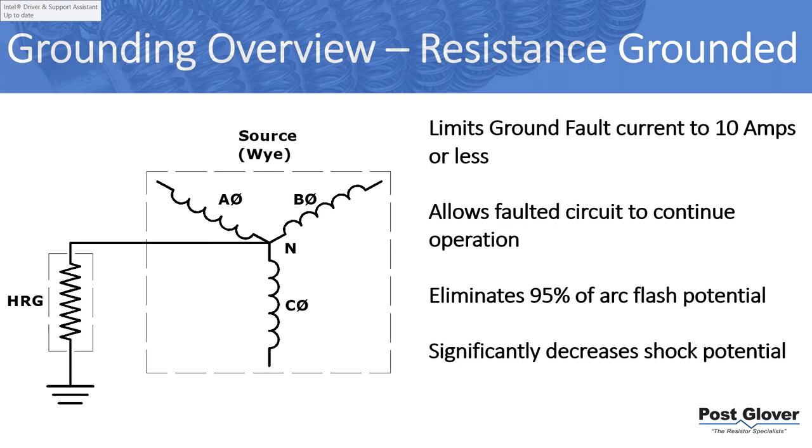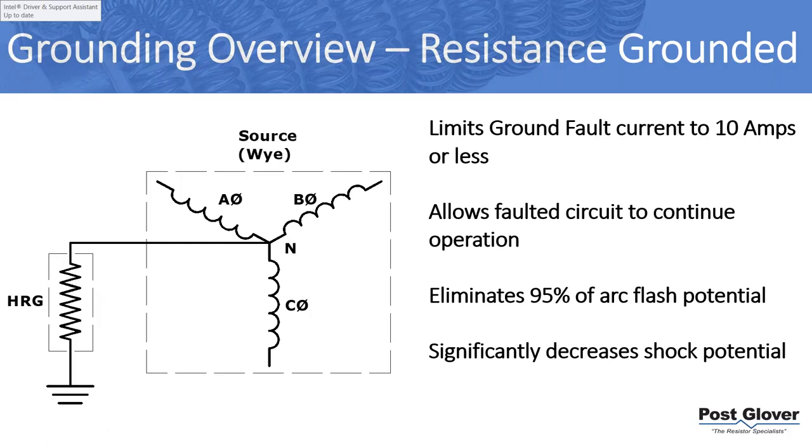One thing that I will mention though is that in the last 10 or 15 years especially, I'm sure some people have thought about it earlier than that, it has become very popular to use high resistance ground based on the arc flash mitigation that it entails. Essentially, for all those ground faults you get, which is about 98% of the time, because of the amount of energy going through your system, you typically have 5 amps flowing through the HRG, and you don't have a very high voltage, 277 volts, so you have a very low amount of energy.